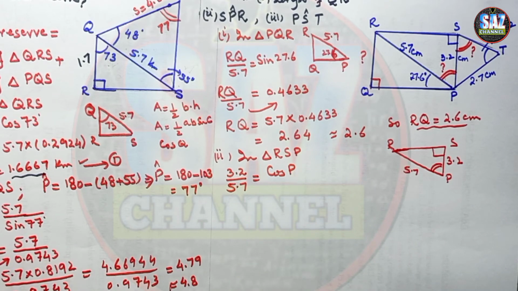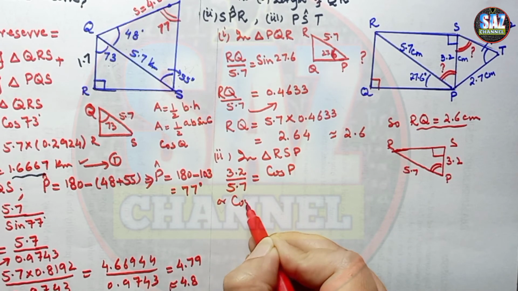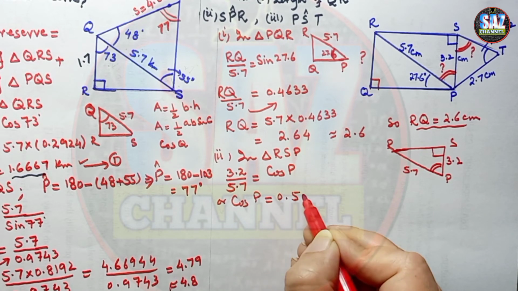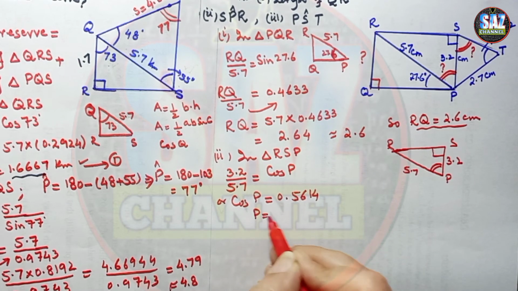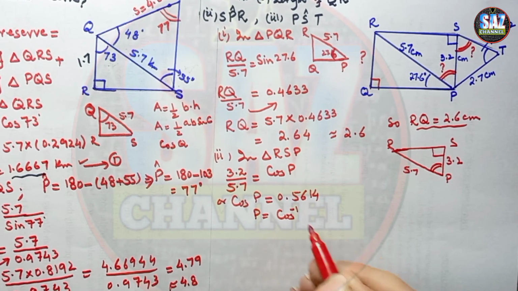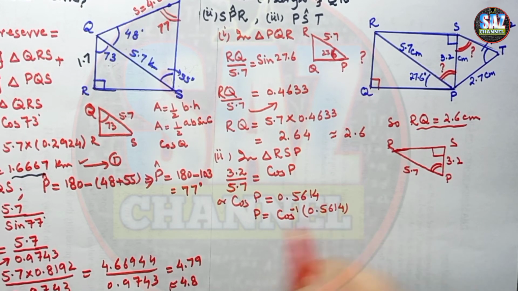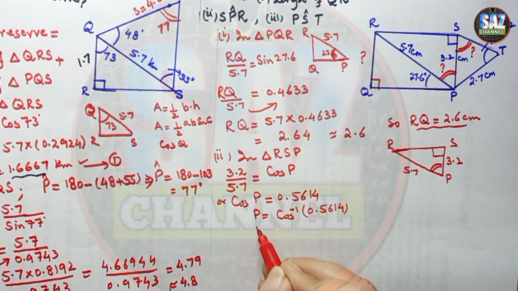Okay, now divide 3.2 by 5.7, and my answer will be cos P equals 0.5614. I need to get the value of the angle, so I have to take the inverse cos of 0.5614, and this gives me 55.84.